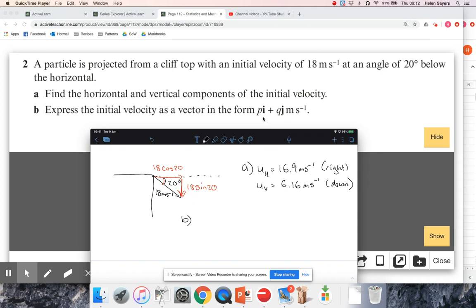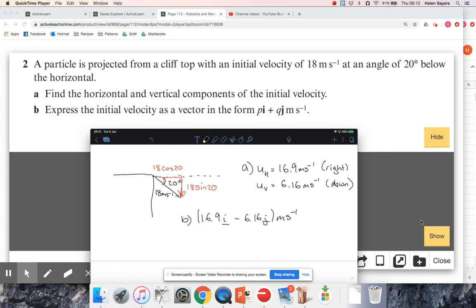So the velocity given as a vector, so the 16.9 is my I component, that's my horizontal velocity, and that is going to be positive because it's to the right. And then the 6.16 is going to be negative because that's traveling down, and it's going to be meters per second.